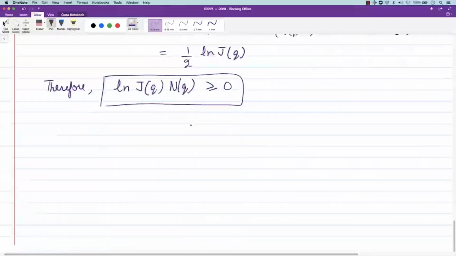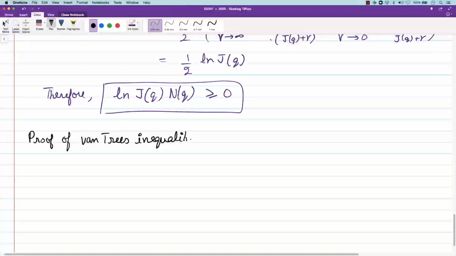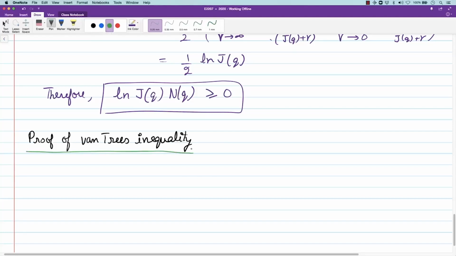Okay, so we use Van Trees' inequality in the middle. Let's see how we derive Van Trees' inequality. Van Trees' inequality is the classic statistics counterpart of Fano's inequality because it provides a lower bound for the loss function of statistical estimation.